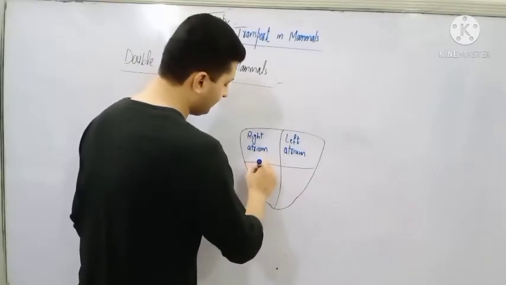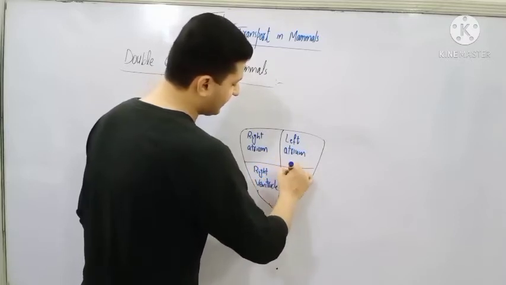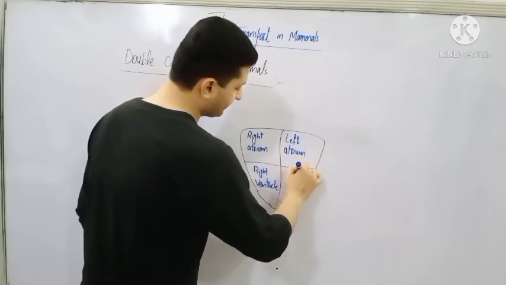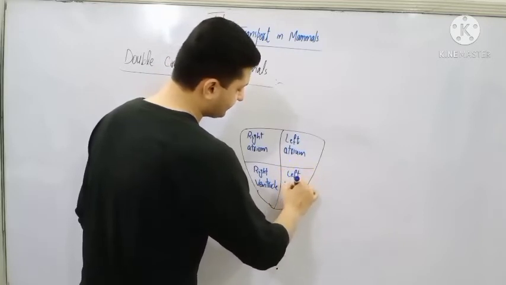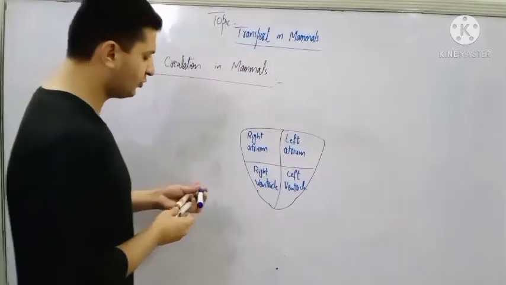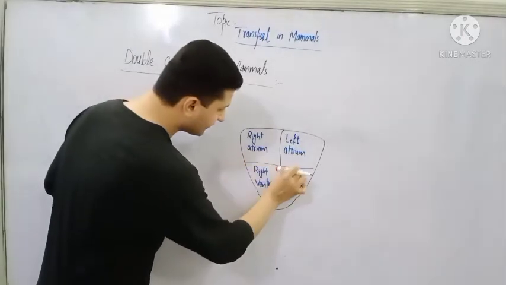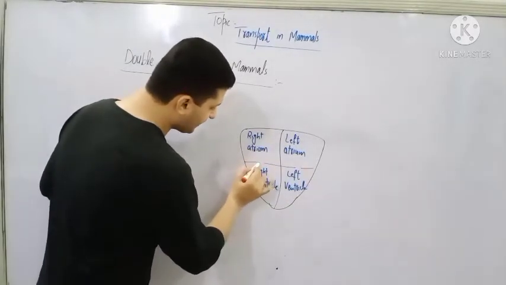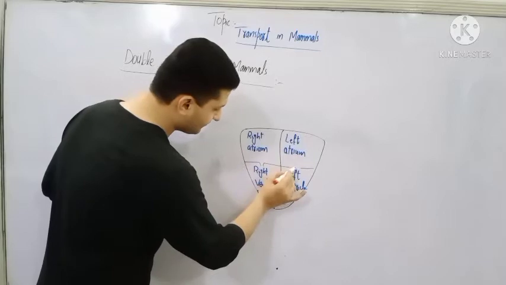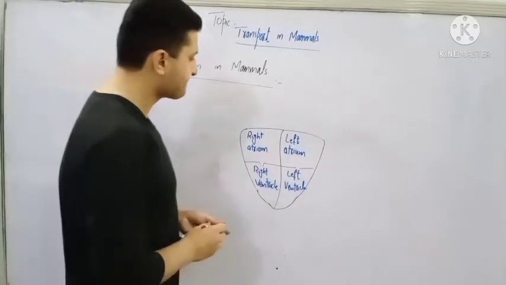So this is the right ventricle and this is the left ventricle. And we know that there are valves present in the heart. Here are the valves.